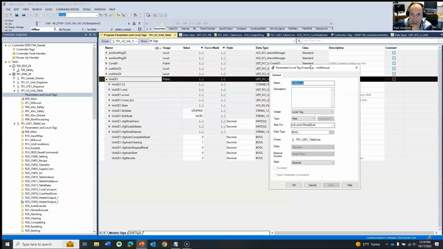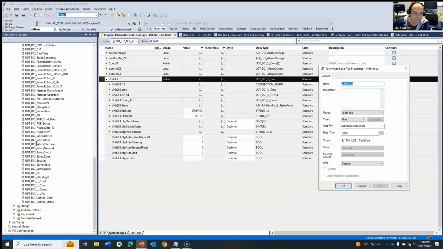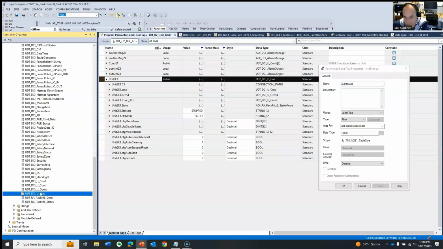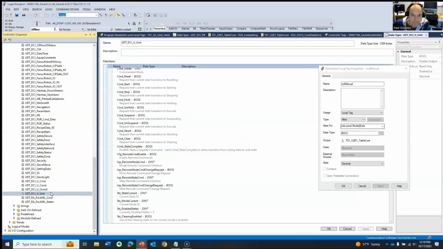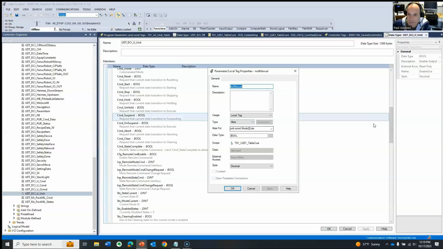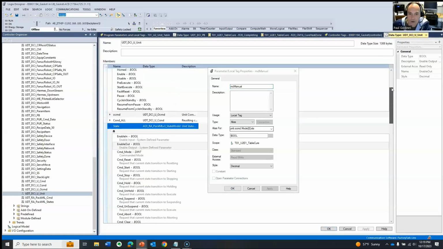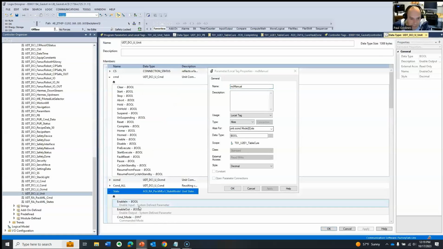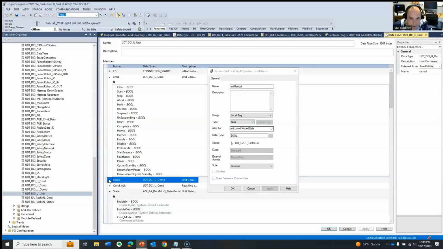We know that it is a data type and it's DCI U unit. Where are we at? DCI U unit. All right. And then it's OCMD, which is operator command. Okay. So let's see if we can find what we're looking for here. Let's move this guy out of the way. All right. So OCMD right there.